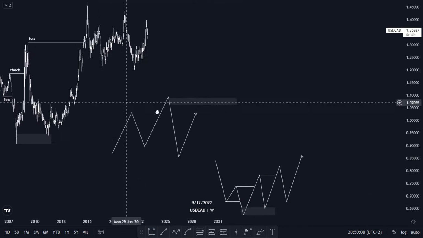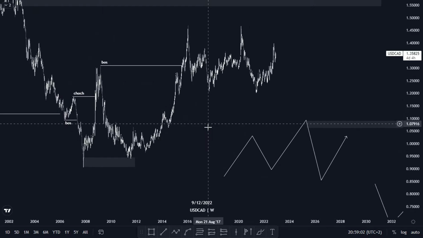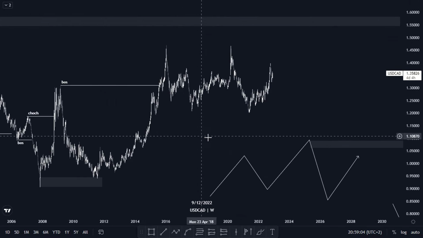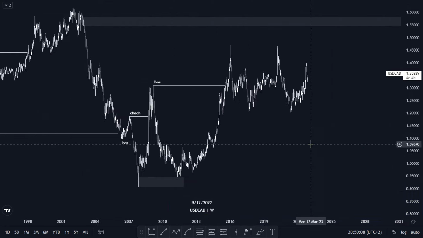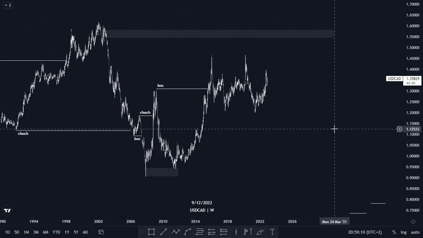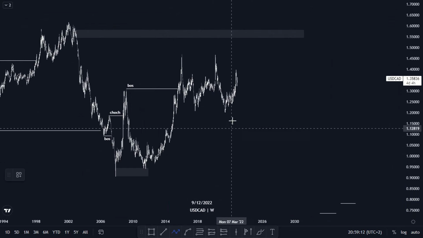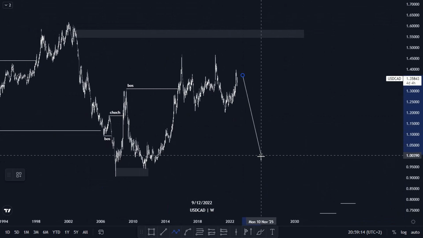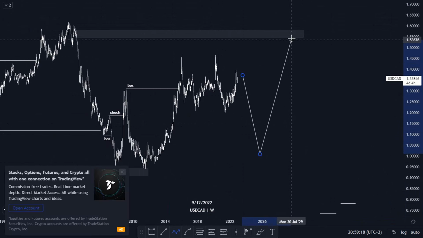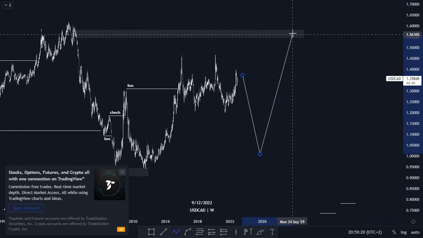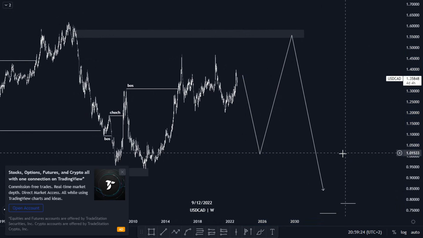Okay, let me just explain again here on the charts. Okay, clear out this. So this is what we have. We're expecting price to push to the downside here, respecting this low here, and then pushing to the upside and tapping into our monthly order block, then pushing to the downside.